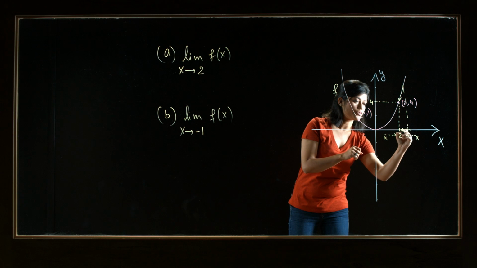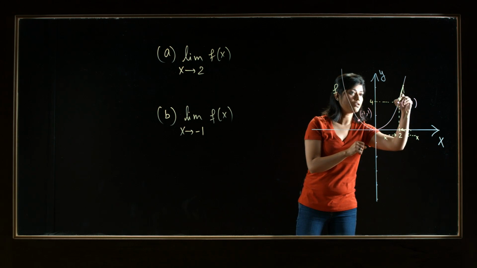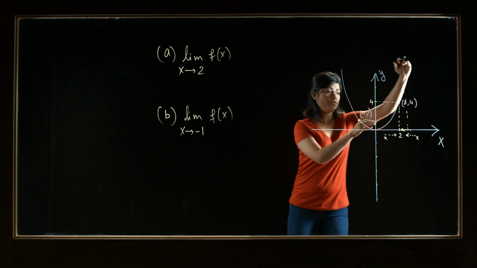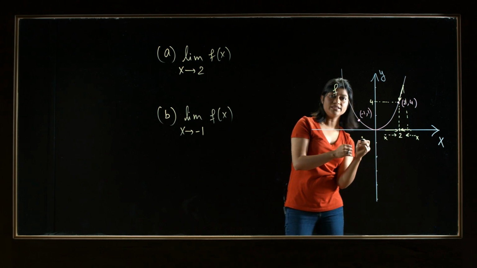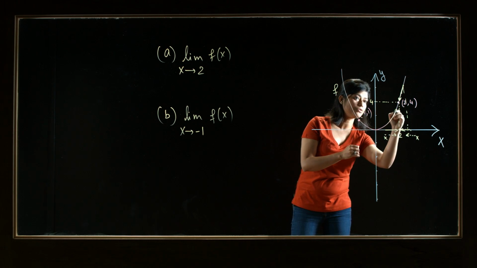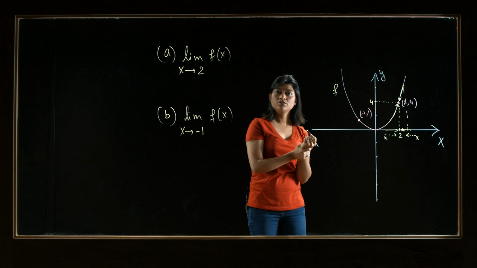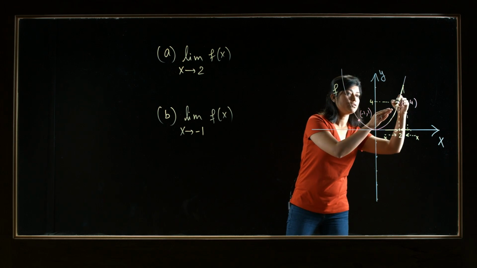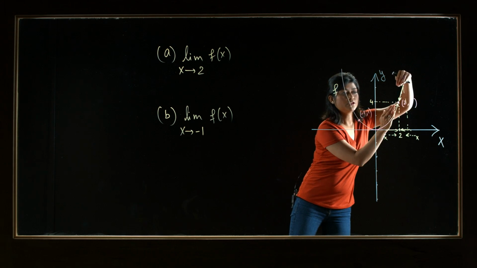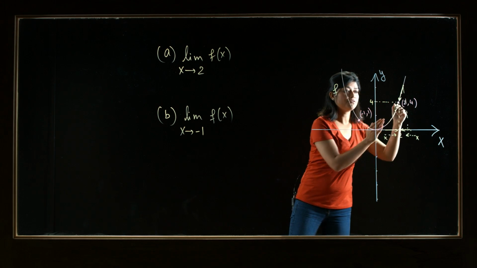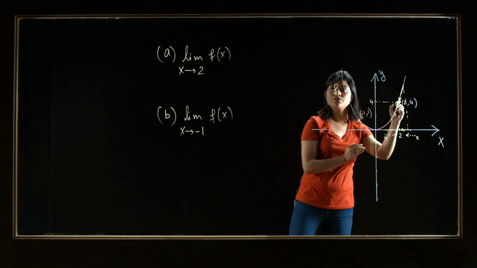If x is getting close to 2, the function is getting closer to that point from the right-hand side. And from the left-hand side, when x is approaching 2, the function is taking values on this end of the graph, and it is approaching a point. And what point is it approaching? Both of them are converging to this one point right here.